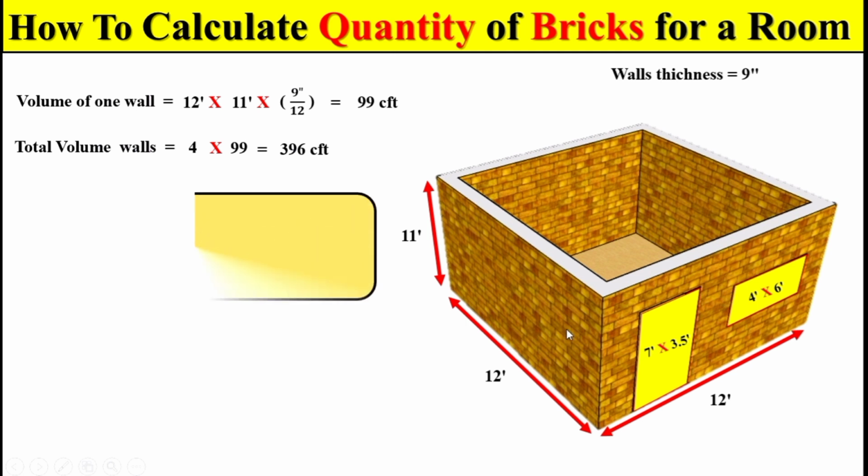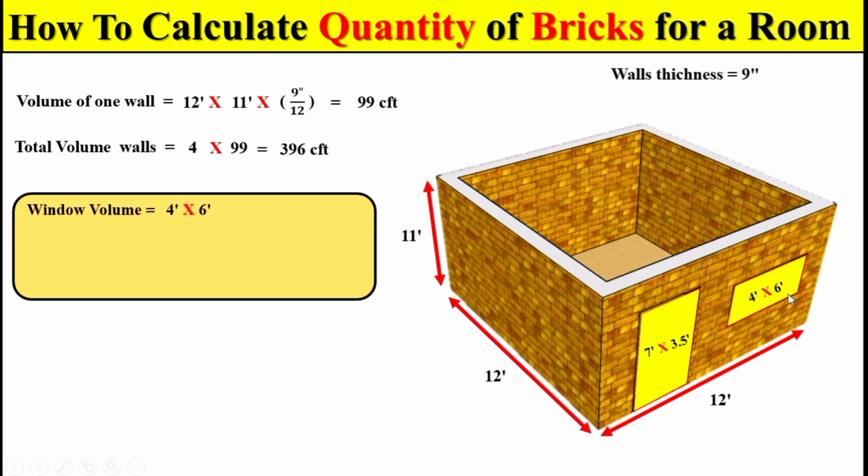So dear students, first of all we calculate the total volume for the window. If we multiply 4 times 6 and then multiply this surface area of the window with the total thickness of the wall, which is 9 inches, we get the total volume of this window. And also if we multiply 7 times 3.5, we get the total surface area for this door.